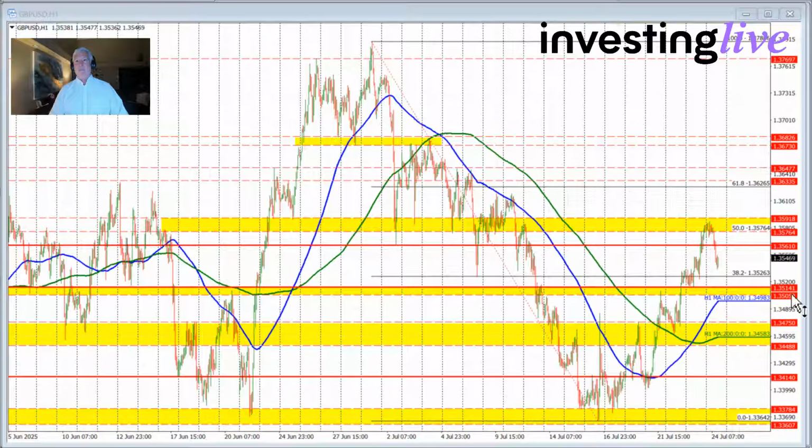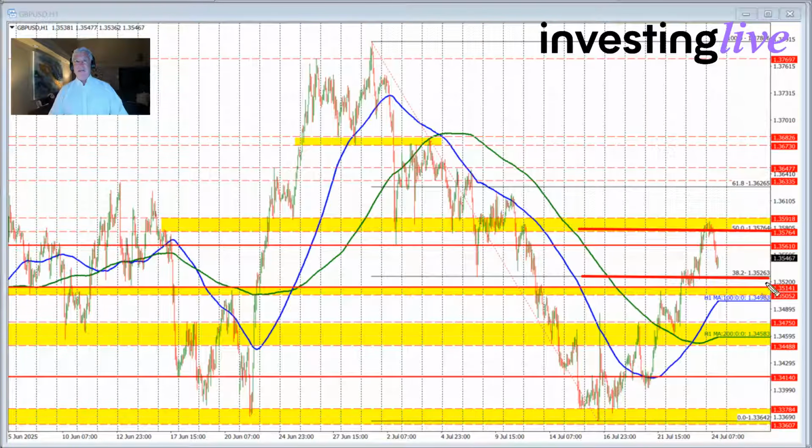We are heading back down toward its 38.2%, broken 38.2, I should say. That level comes in at 1.3526. So the buyers would hope to see some support buying against that level.